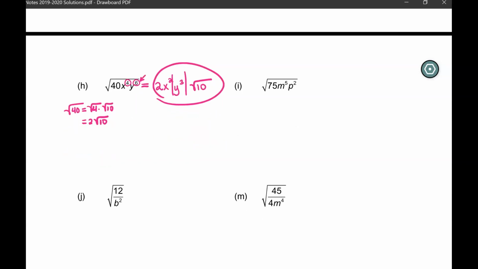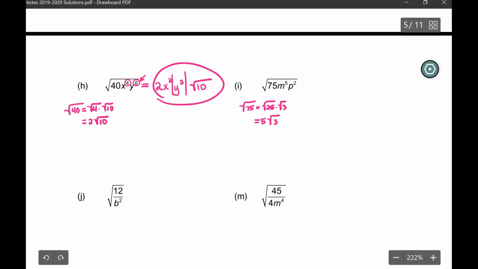All right, next one, I'm going to look at square root of 75 separate, so that's square root of 25 times 3, so that's going to end up being 5 root 3. So I'm going to put all the parts that are outside the square root. And if you want to do this separate, that's fine. I don't know, doing it all at once is confusing. That's something you can come see me about for bonus. So I take the 5. So basically I'm going to have some stuff that's outside the square root, some stuff that's inside.